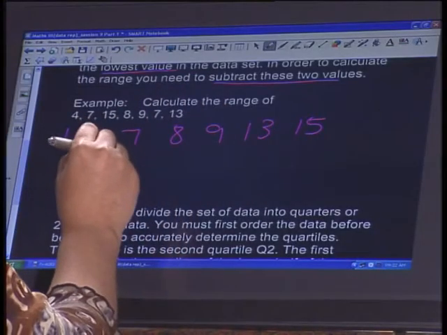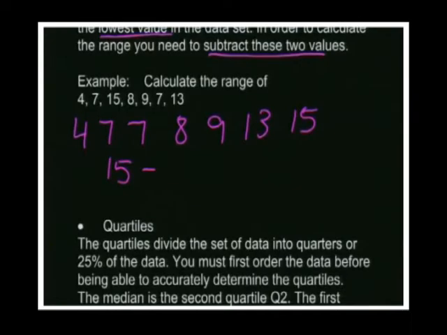Everything that you do, show your working. So my highest in this case is 15 minus my lowest, which is 4. I hope you don't need a calculator for this, but use your calculators and check everything that you're doing. So 15 minus 4 is 11. That is my range, which basically means from my highest to my lowest, I've got a value of 11 in between.